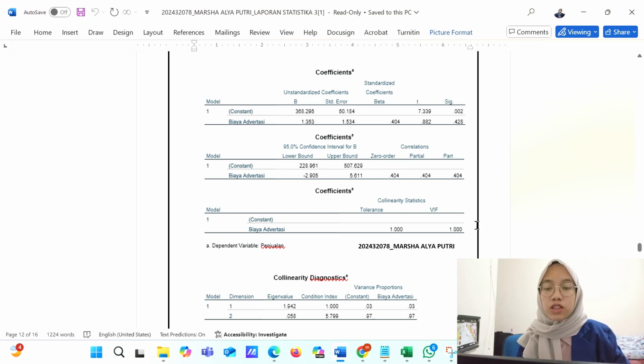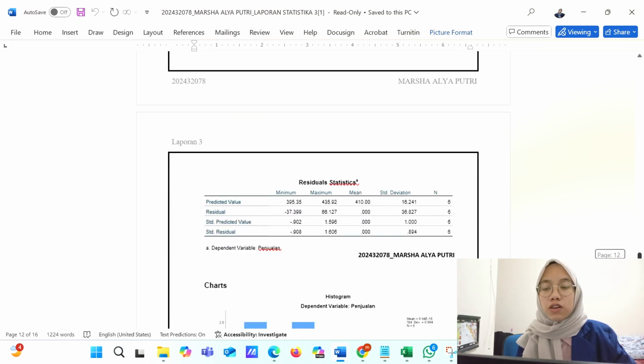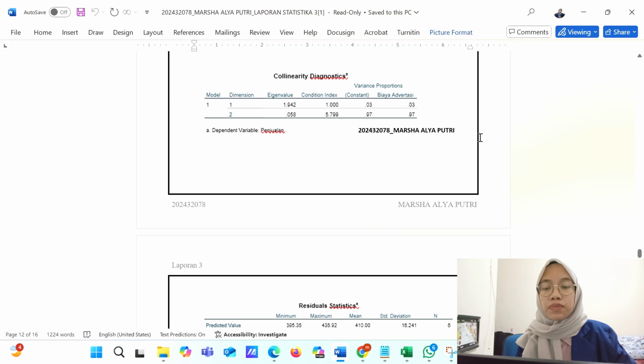In these following two tables, we found that there is no multicollinearity problem because there is only one predictor and the residual distribution is still within reasonable limits. There are no extreme outliers.